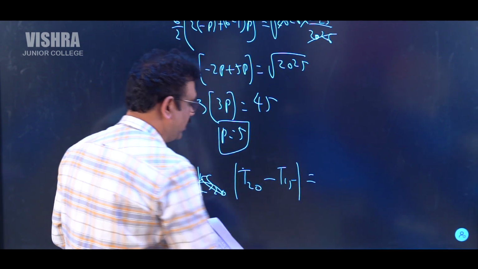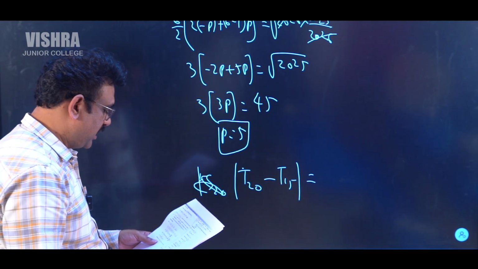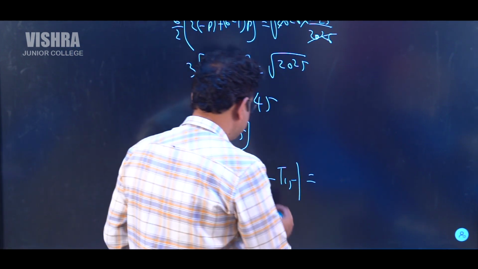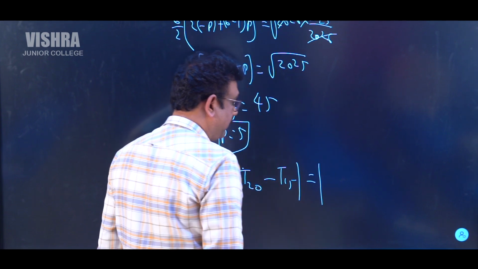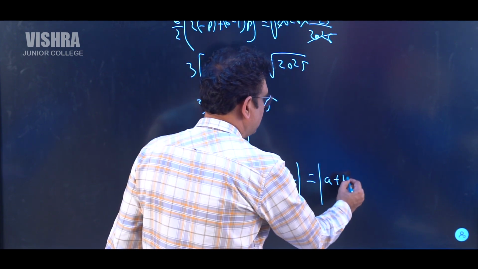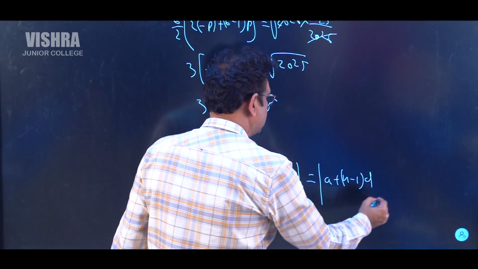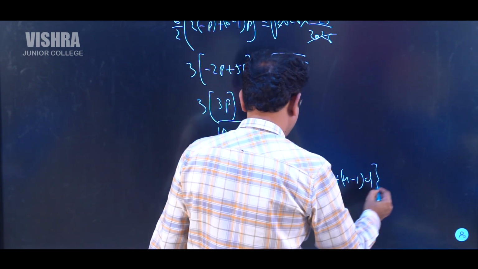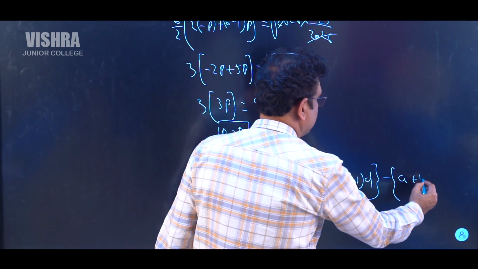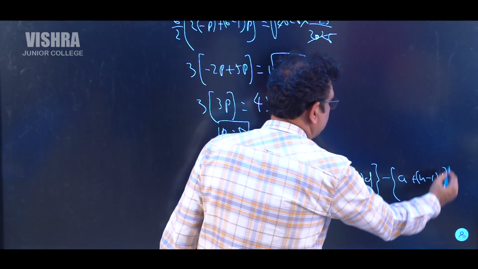The absolute value is A plus N minus 1 into D, minus, here again, A plus N minus 1 into D.